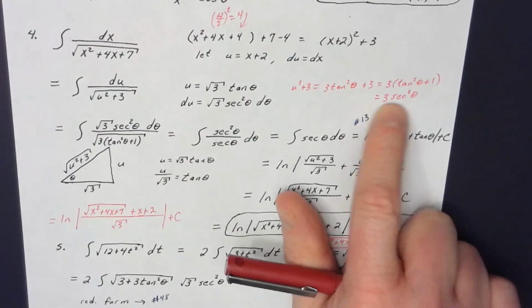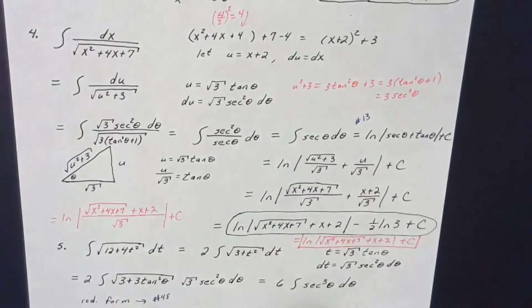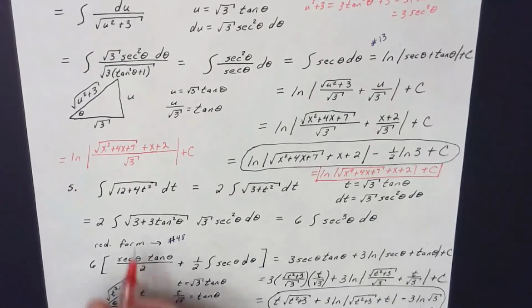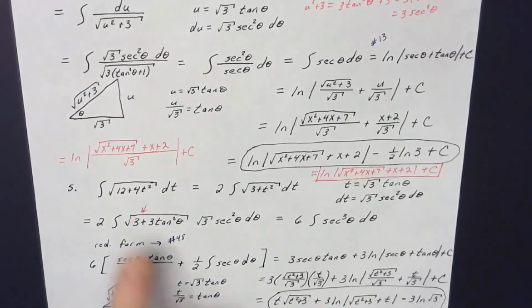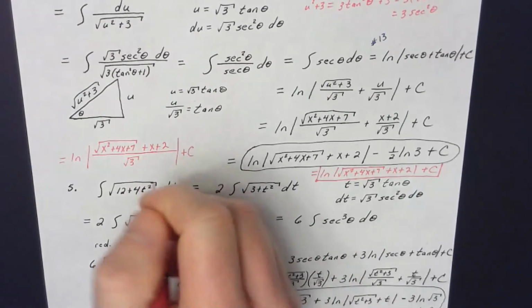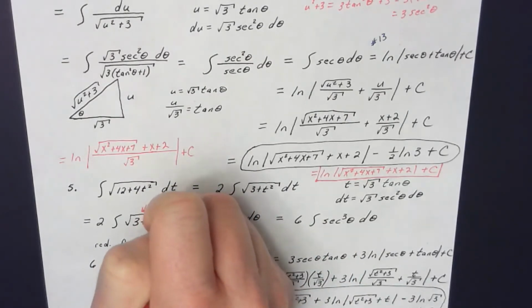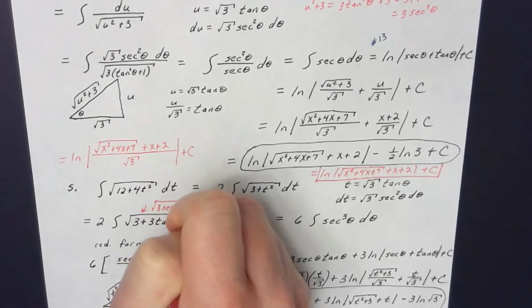The inside portion would be 3 secant squared theta, and then the square root of that's going to be the square root of 3 secant theta. So when I'm looking at this right here, this part, and I didn't show it, I just simplified here, but I'll explain why it's simplified. This part we know is going to be equal to the square root of 3 secant squared theta.